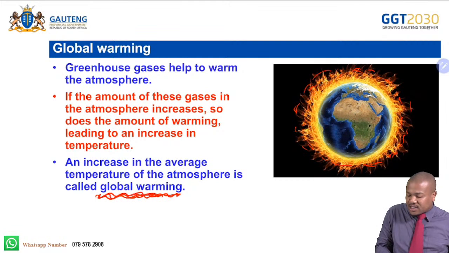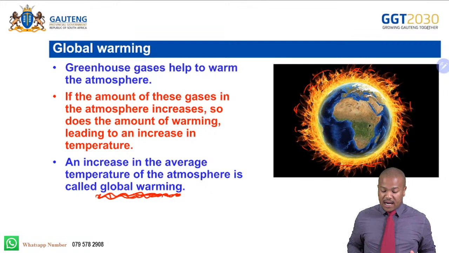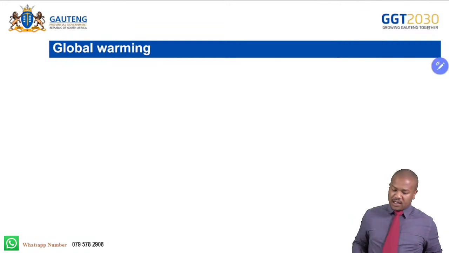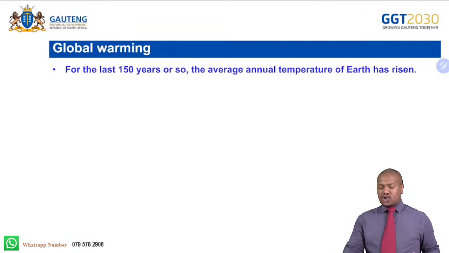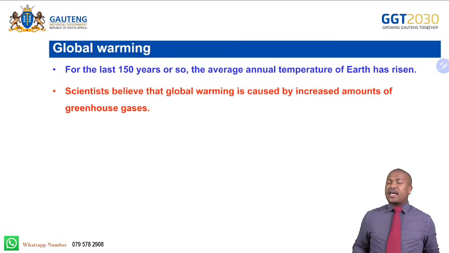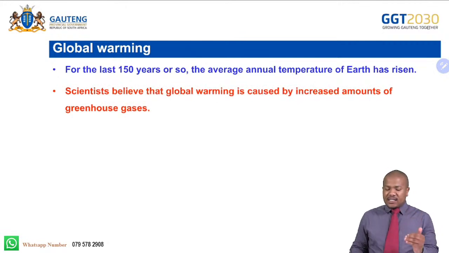In as much as the greenhouse effect is conducive for sustaining life on Earth, it can also lead to global warming. So let's discuss more of this global warming. For the last 150 years or so, the average annual temperature of the Earth has risen. Scientists believe that global warming is caused by the increased amount of greenhouse gases.